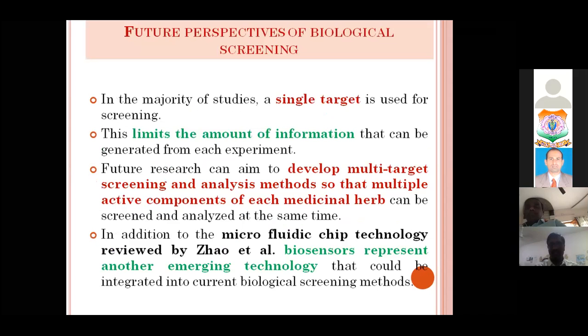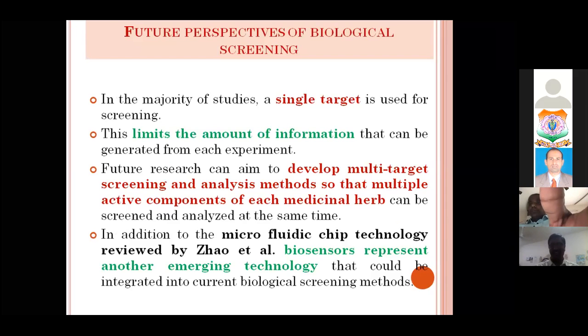What are the future perspectives in biological screening techniques in order to identify the active constituents? The majority of the experimental models I told you about already used for screening are single target, which limits the amount of information that can be generated.